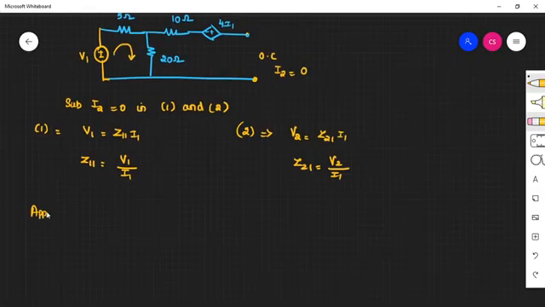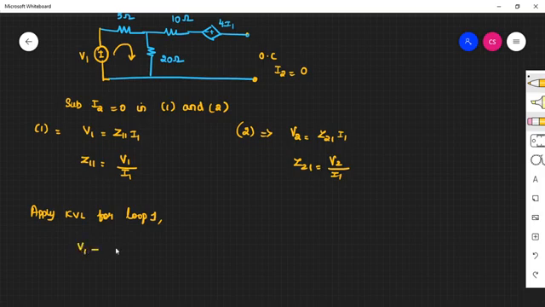So we're going to apply KVL for loop 1, the first closed loop that is present there. So we can write V1 minus 5 into I1. Let the current here be I1. So it is V1 minus 5 into I1 minus 20 into I1 is equal to 0.